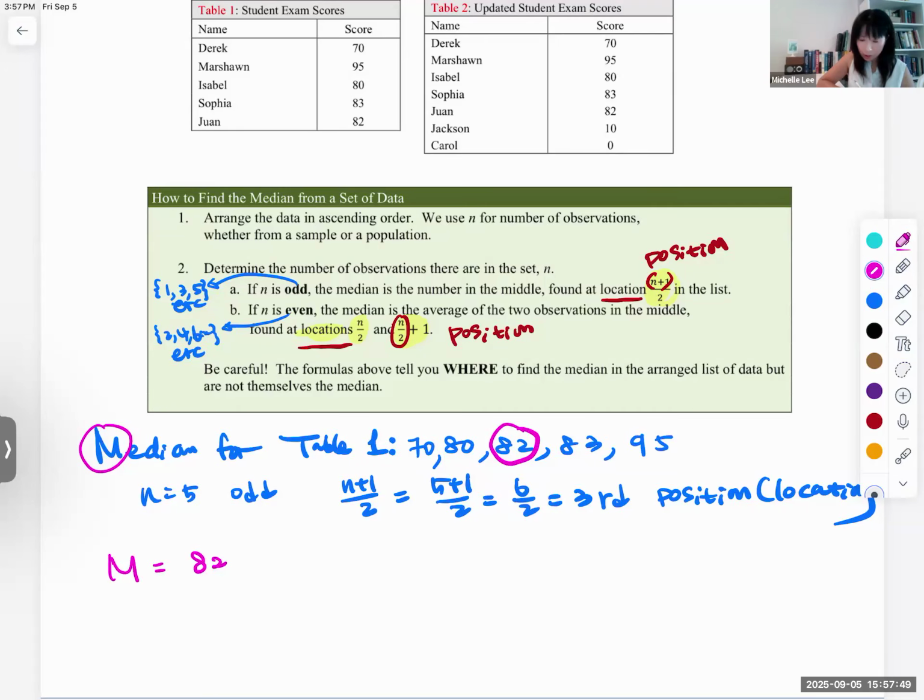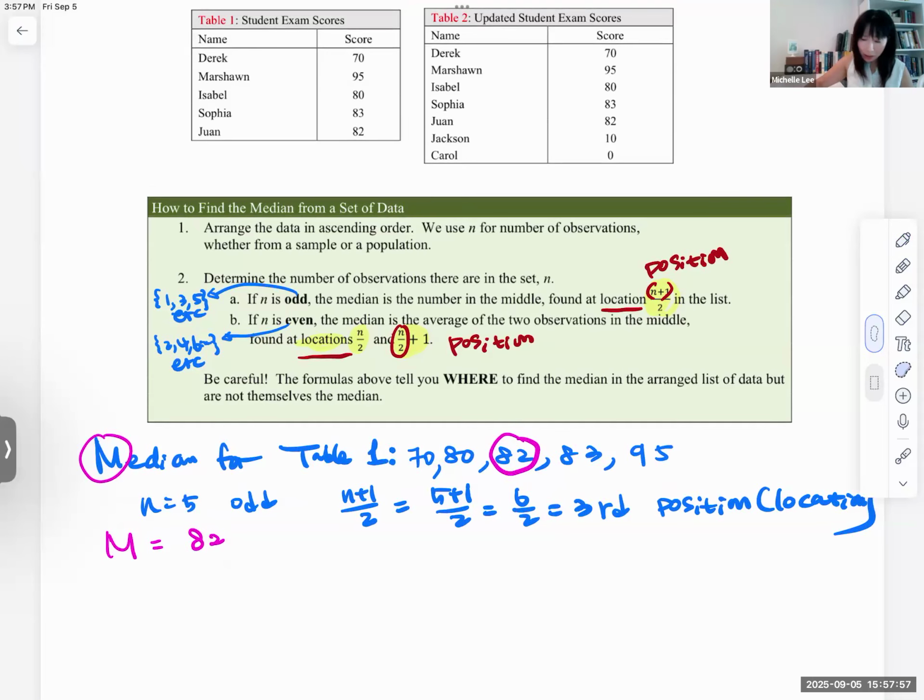Okay, how about table 2? Table 2 has Jackson and Carol like earlier. One student took the makeup exam, but one did not take the exam.